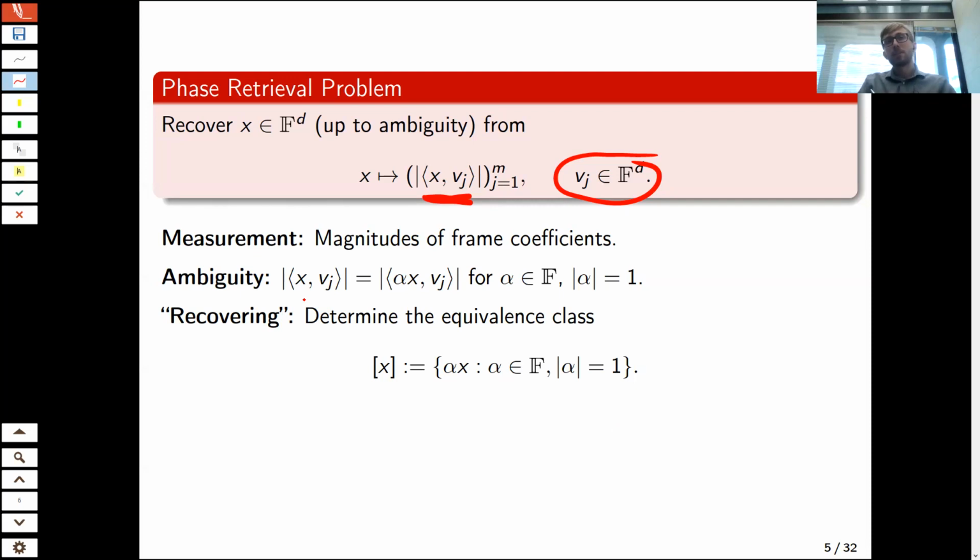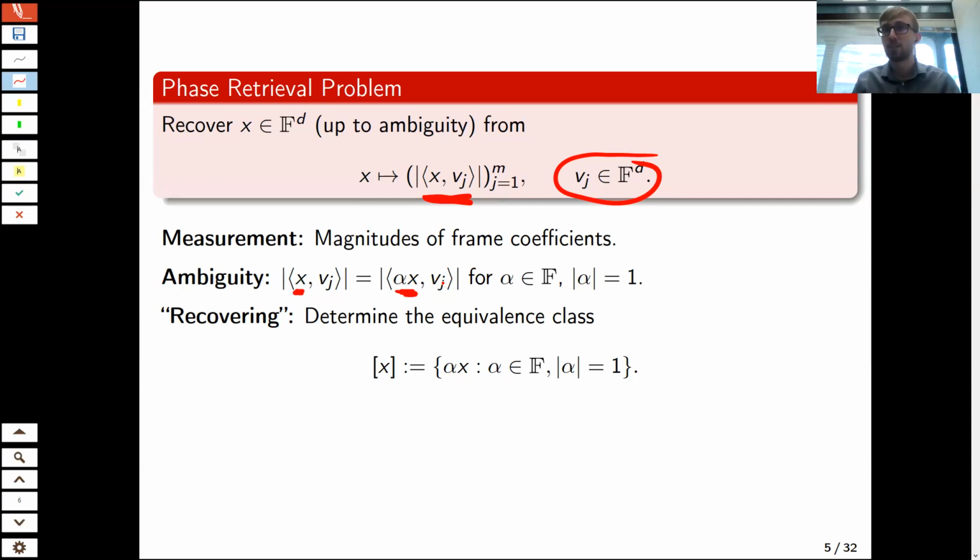The ambiguity I mentioned is that these magnitudes of frame coefficients always coincide for signal X and for alpha X, where I multiply X by any scalar with modulus 1, for example -1, or i if I'm over the complex numbers. When I take the modulus, these magnitudes always coincide.